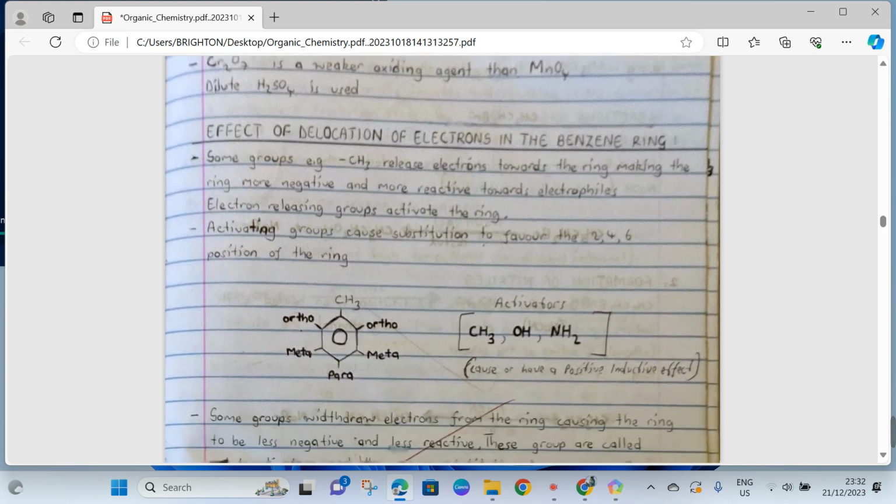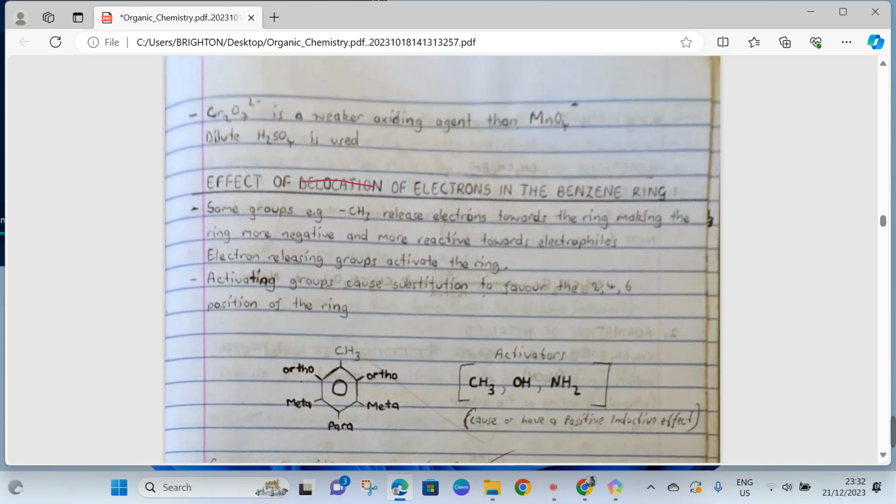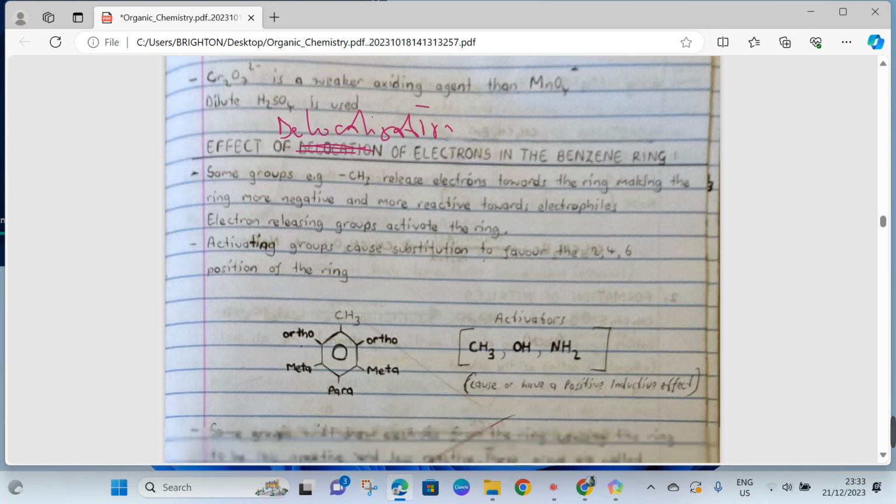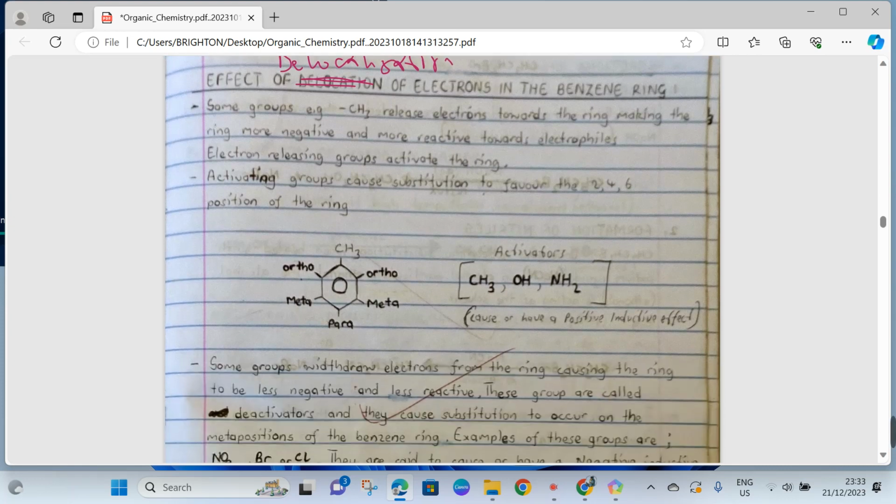Now I want to talk about the effect of delocalization of electrons in the benzene ring. Some groups, for example the CH3 group here, release electrons towards the benzene ring, making the ring more negative and more reactive towards electrophiles.